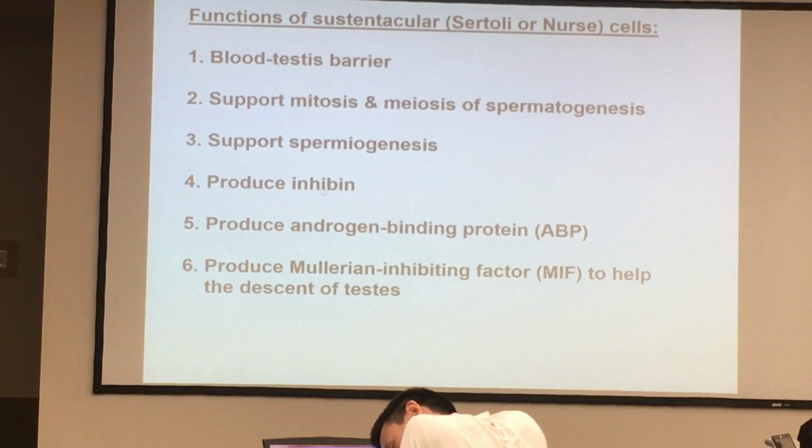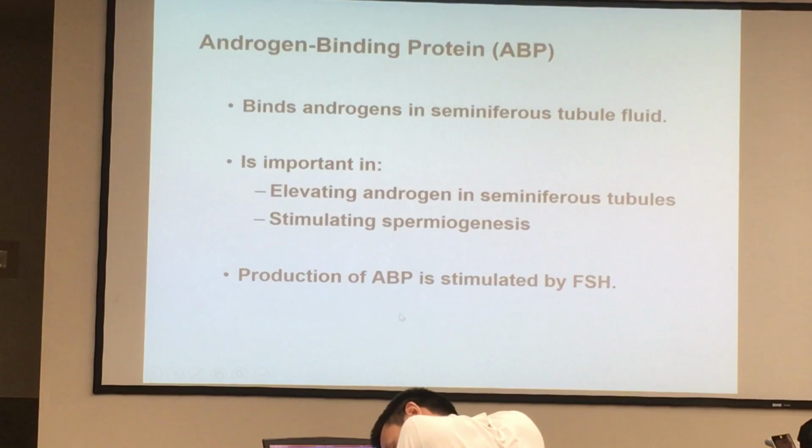It also produces inhibin, you know this term, right? Endocrine peptide hormone. It also produces ABP, androgen binding protein, to attract androgen. It also produces MIF, Mullerian inhibiting factor. This one, MIF, helps the testis to descend.